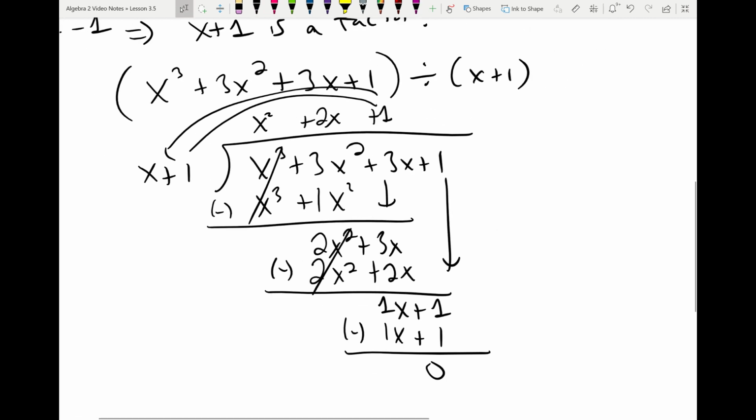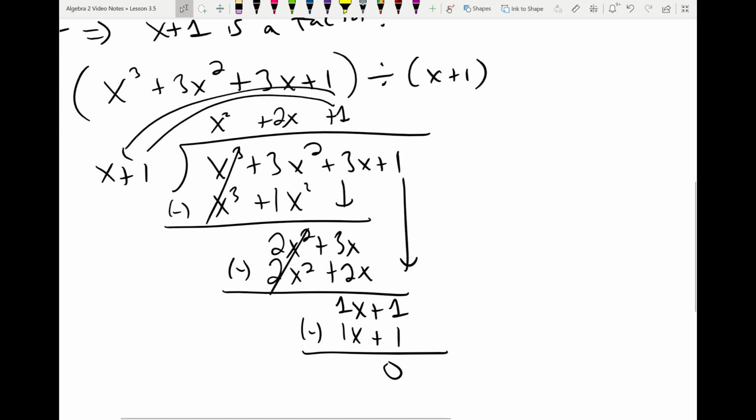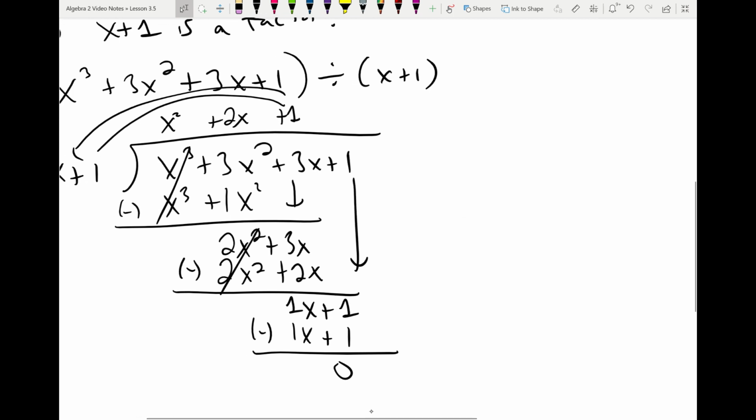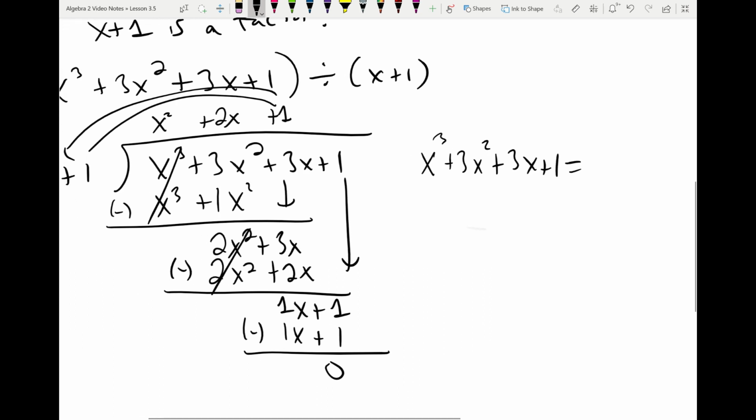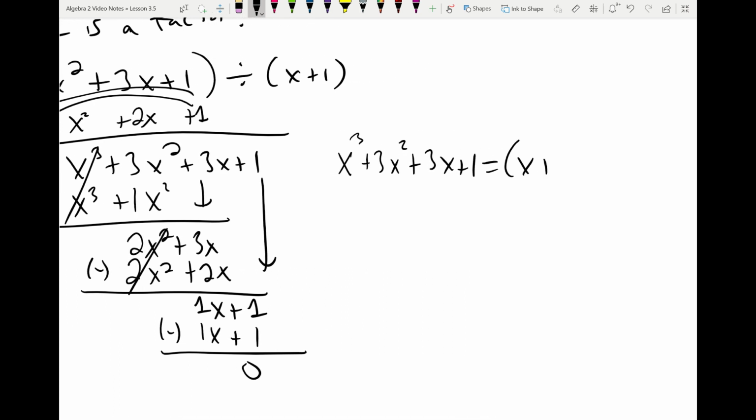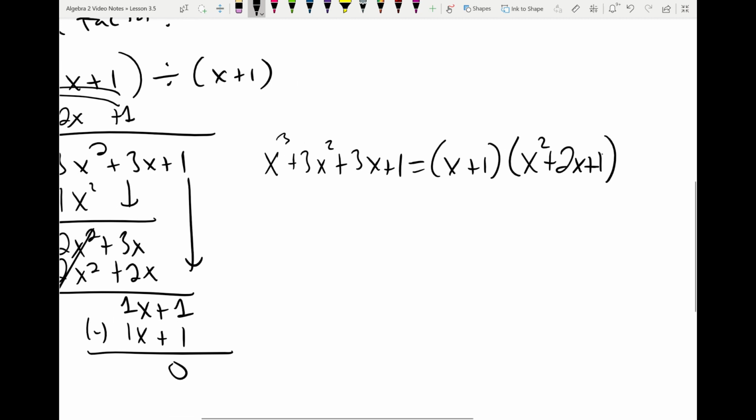So if we were to rewrite this, we have x cubed plus 3x squared plus 3x plus 1 is equal to x plus 1 times our quotient, with a remainder of 0.